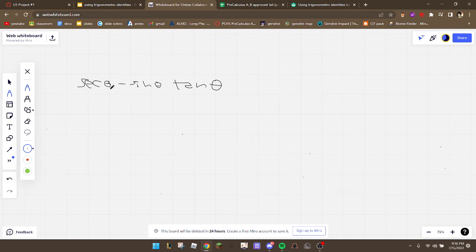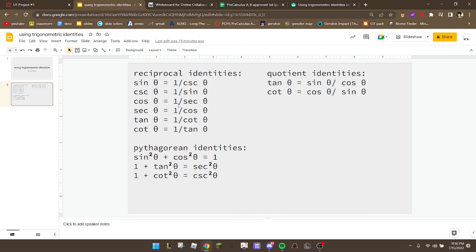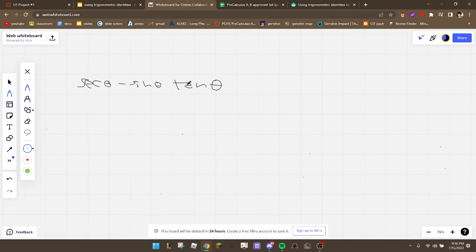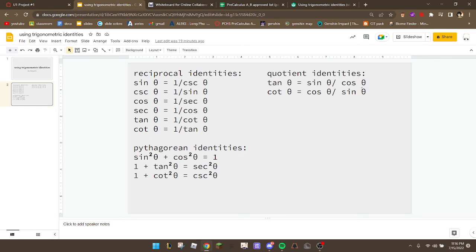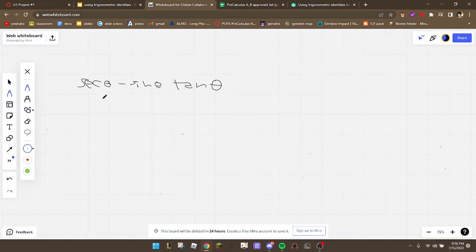So we have secant theta, sine theta, and tan theta here. What we first should do is maybe try and find a common denominator within these two. We know secant theta is 1 over cosine theta, and we know tan is sine theta over cosine theta, so maybe that'll work.